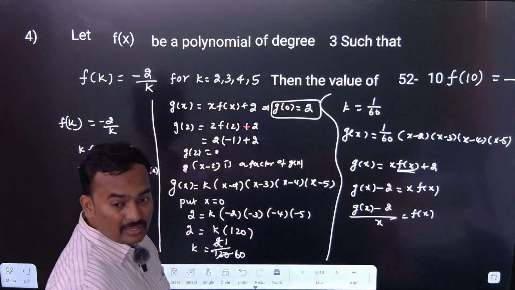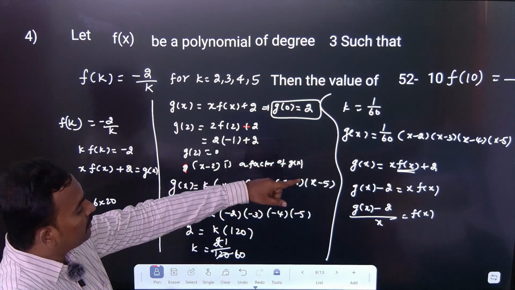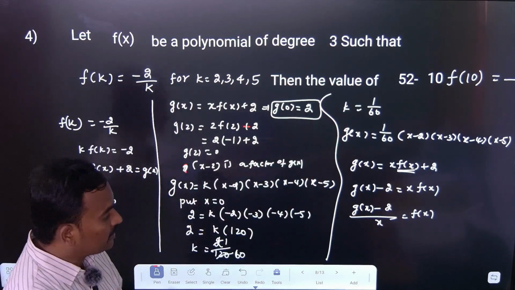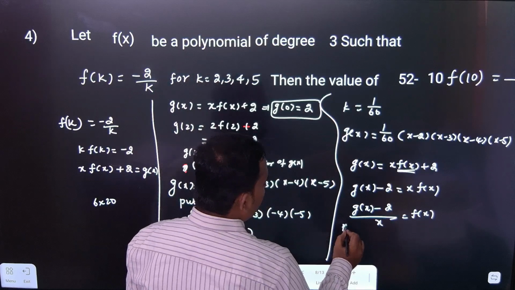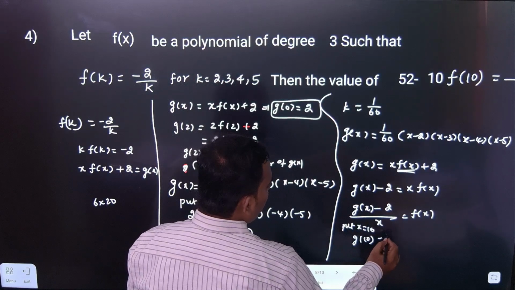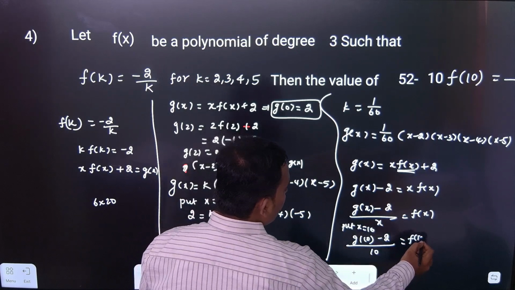What is actually required? We need f of 10. Put x equal to 10: g of 10 minus 2 whole divided by 10 is equal to f of 10, right?